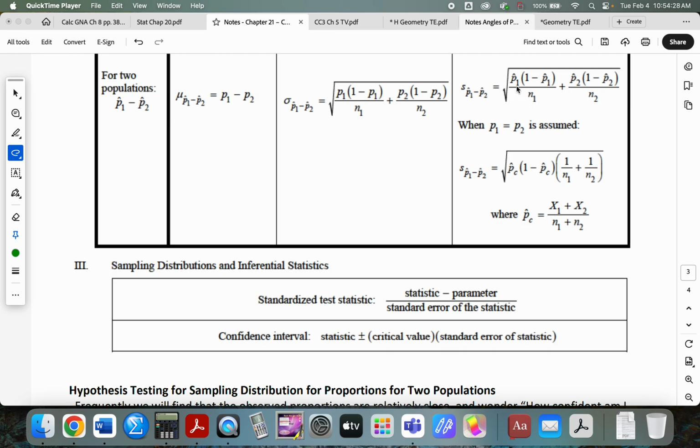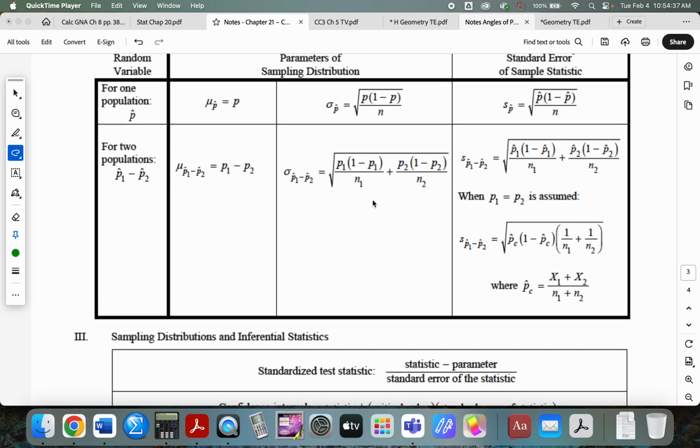Yes, but if you're assuming that these are the same, this doesn't make any sense anymore. Because if they're really the same, then all of this stuff starts breaking down, right? We're doing this as if they're two different P1 and P2, but if we assume that the difference is 0, they're equal to each other. Then you're saying they're different, but now I'm assuming that they're not different.